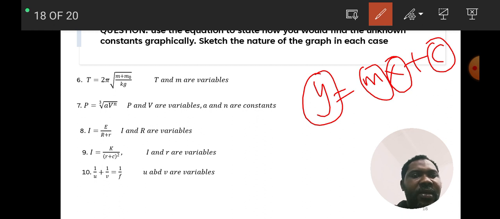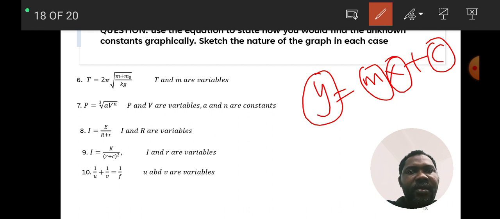So we must have variable equal to constant variable plus constant. Let's see each of the questions. You can go back to the second video to get the full idea of what we are doing here.